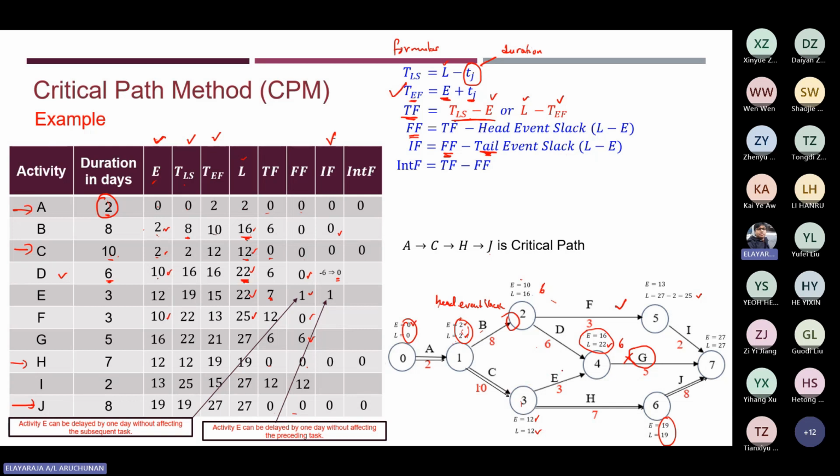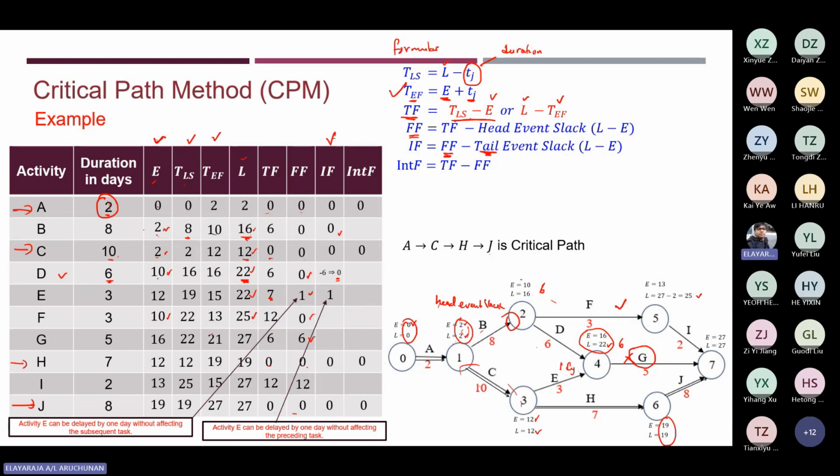If you take 1 day rest in activity E, it will not affect the preceding activity, which is activity C. So that means it's permitted; you can take that independent float, which will not affect the preceding activity C if you take a 1 day delay.